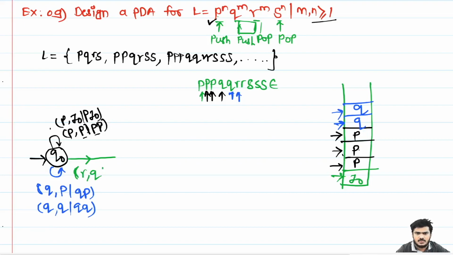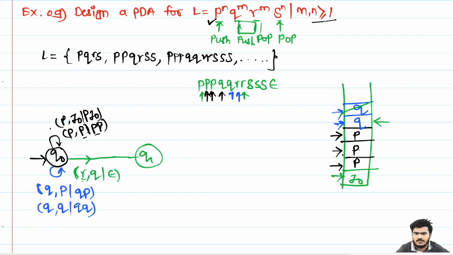So that's why we have changed the state, and when the input alphabet is R and the top of the stack is Q, then I have to pop that. So I have popped this Q for this particular R, and I have moved my top pointer here. Now I have moved to the next input, that is R only, and I am in state Q1, and the top of the stack is Q.